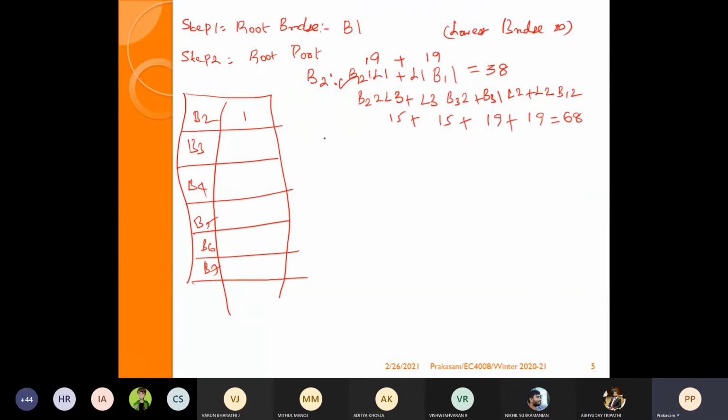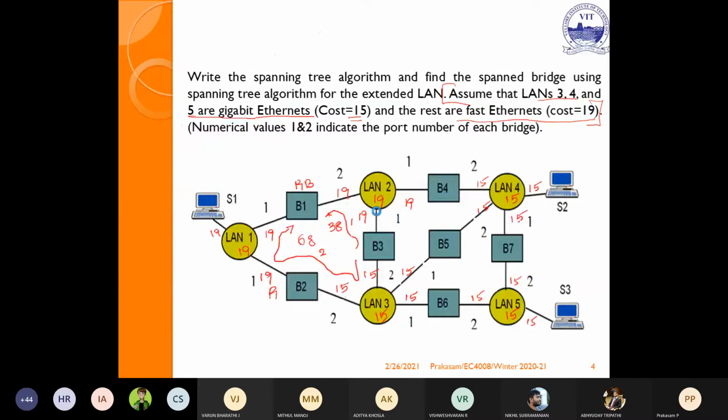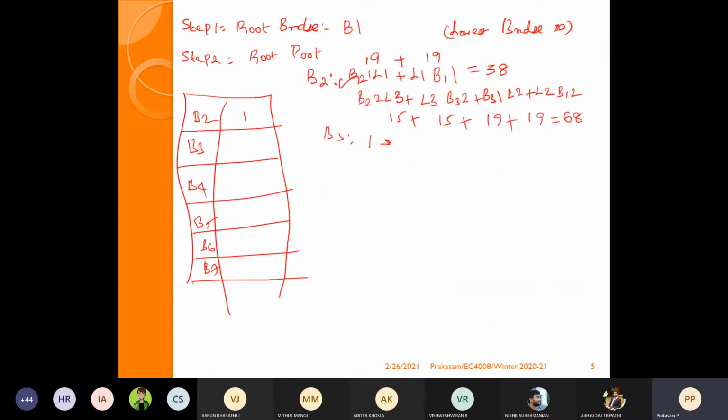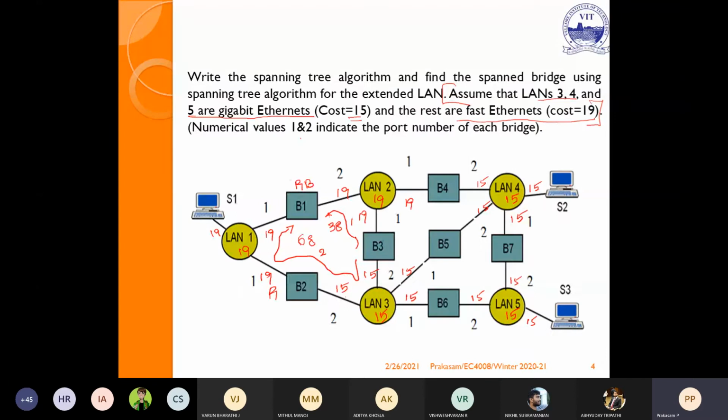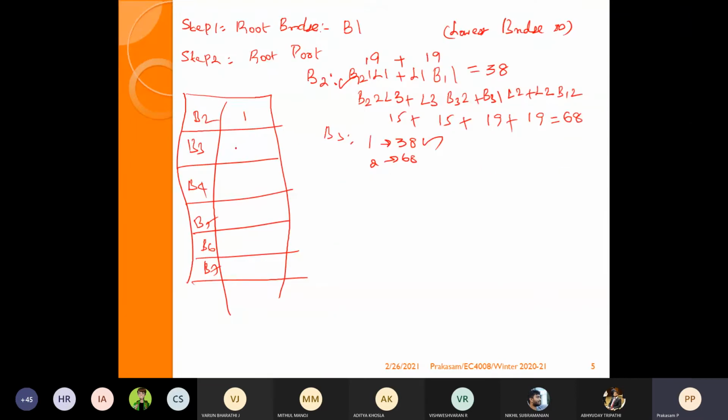So for B3, path 1 is 38 and path 2 is 68. So this is the least cost path. This is the root port. So for B3, port 1 is the root port.